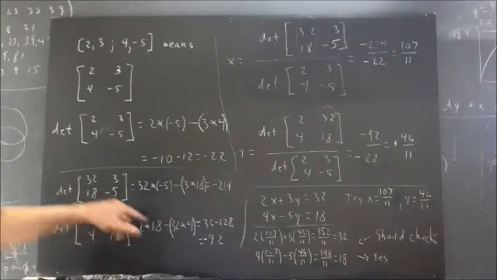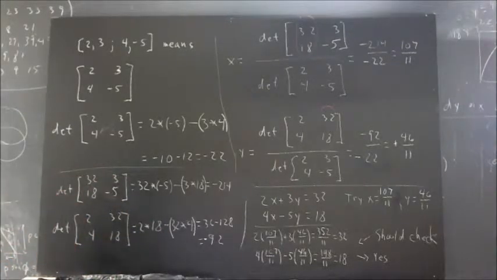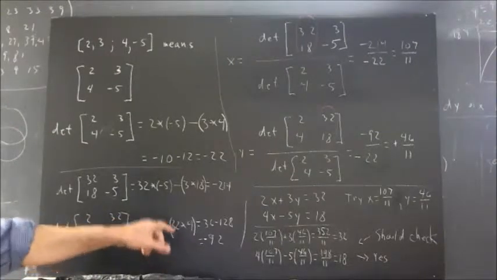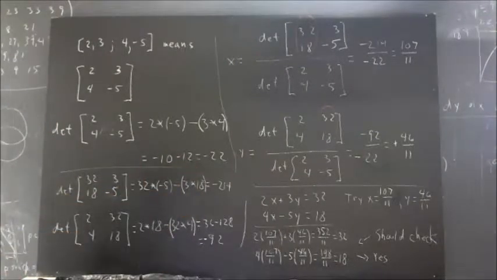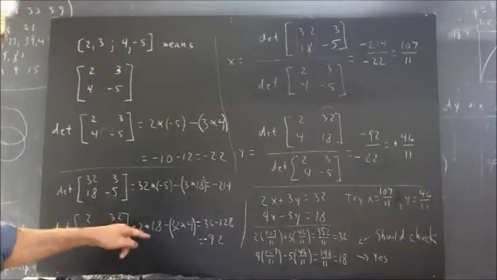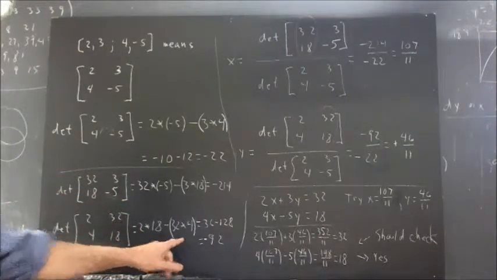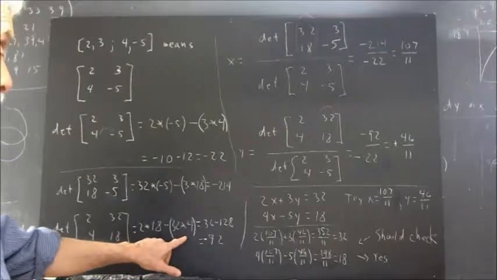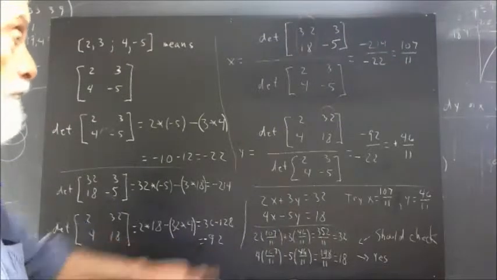You have a negative because this is the second diagonal. And then if 32 happened to be negative, you'd have a negative 32 in here and be less likely to mess up the signs if you did use the parentheses. Okay, well, one way or the other, this is 2 times 18 minus 32 times 4, that's 36 minus 128, and gives you negative 92.